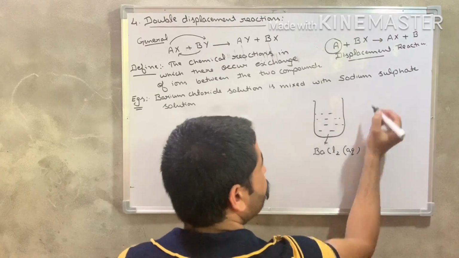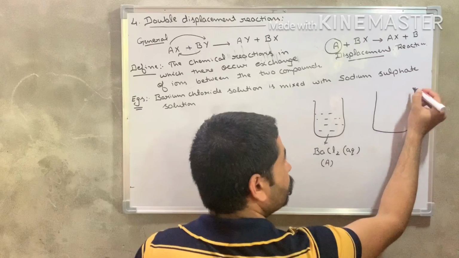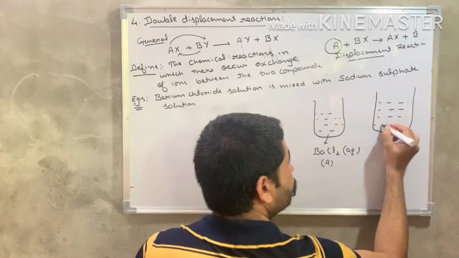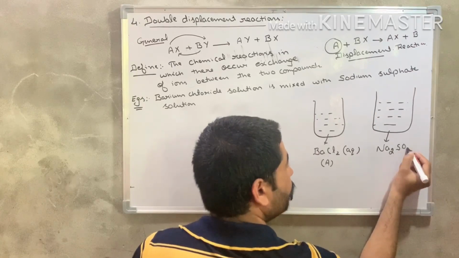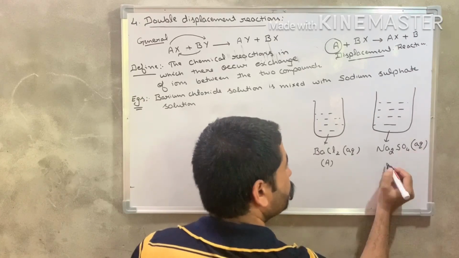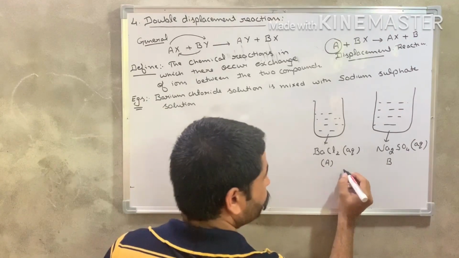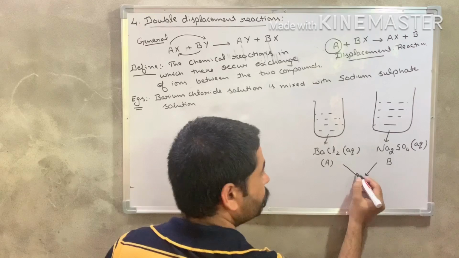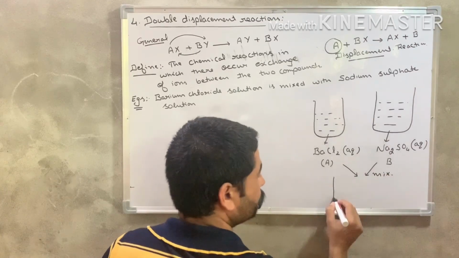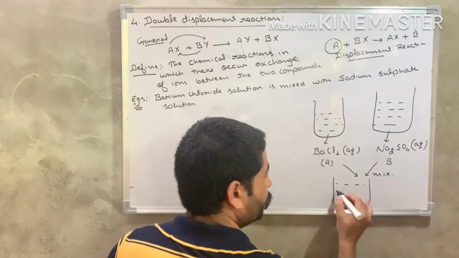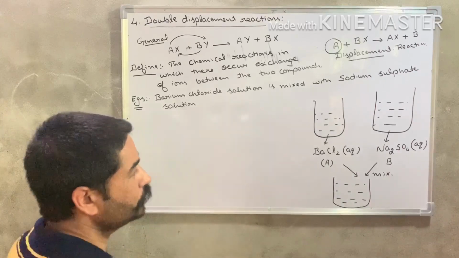This is the test tube, name it A. Then in another test tube I have sodium sulfate, again in aqueous form. Let it be beaker B. Now in a third beaker, when I mix both the compounds, then a chemical reaction will take place between the two compounds and you will see.